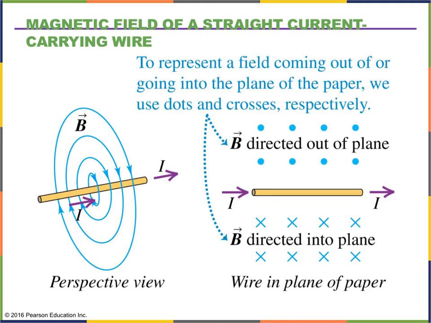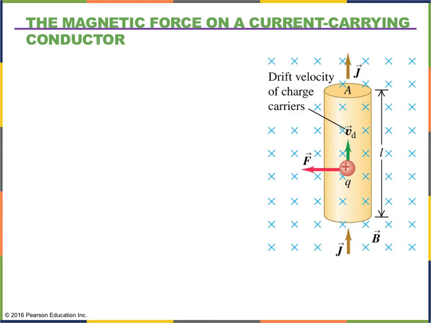That's something you might want to practice to see if it makes sense to you. Remember, just put your thumb in the direction of the wire and then see which way your fingers point. So that's one thing that we are learning.